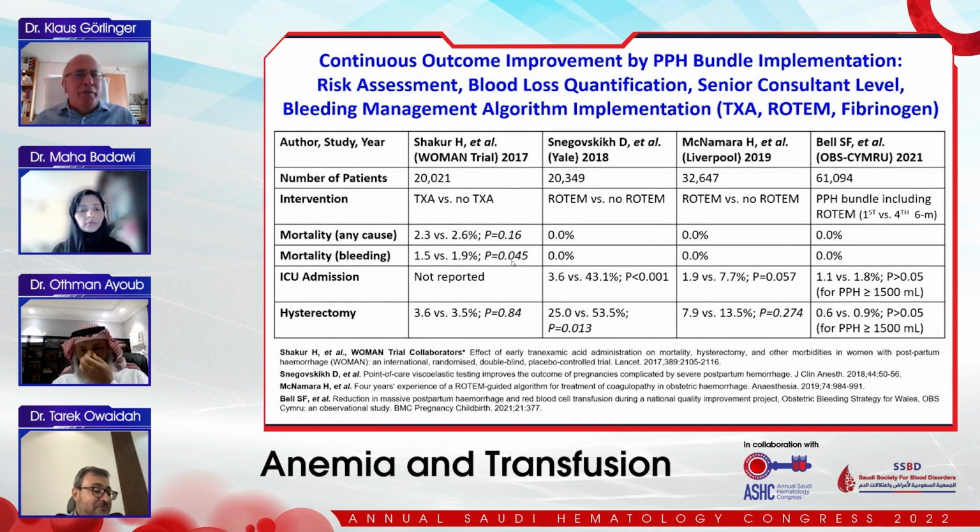The issue is if you do studies in experienced centers like Yale, Liverpool, or also in Cardiff in Wales, there was no mortality. And then it's difficult to reduce zero mortality. And that's the reason why we're using these surrogate parameters like hysterectomy rate, which was not reduced in the WOMAN trial, and ICU admission rate was not reported, but we see very good trends here, or not only trends, highly significant changes in the complication rates.